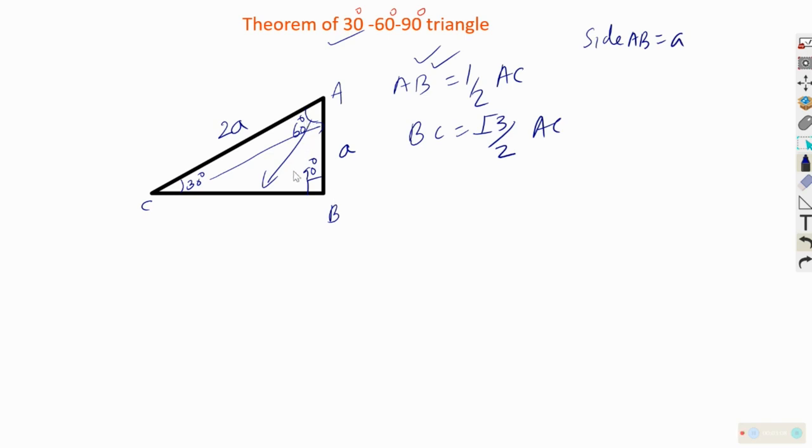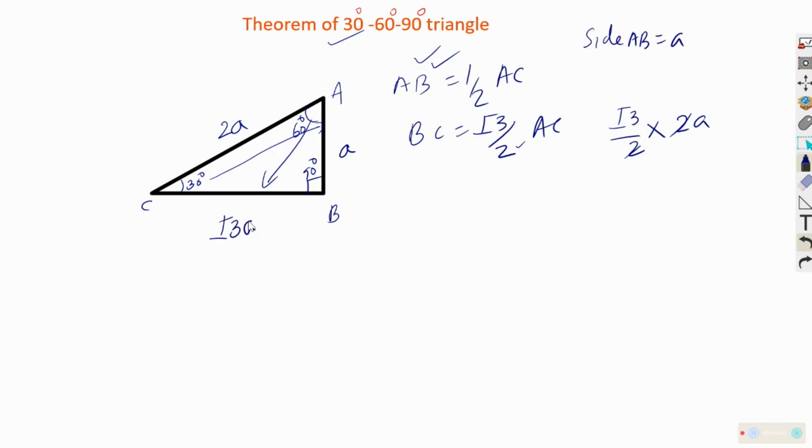And the side opposite to 60 degree is root 3 upon 2 of AC. We got AC now. So root 3 upon 2 of AC, where AC is 2A, we will cancel this. So naturally this will become root 3A. We applied that theorem of 30, 60, 90 degree in terms of sides now. We are slowly going close to trigonometry.